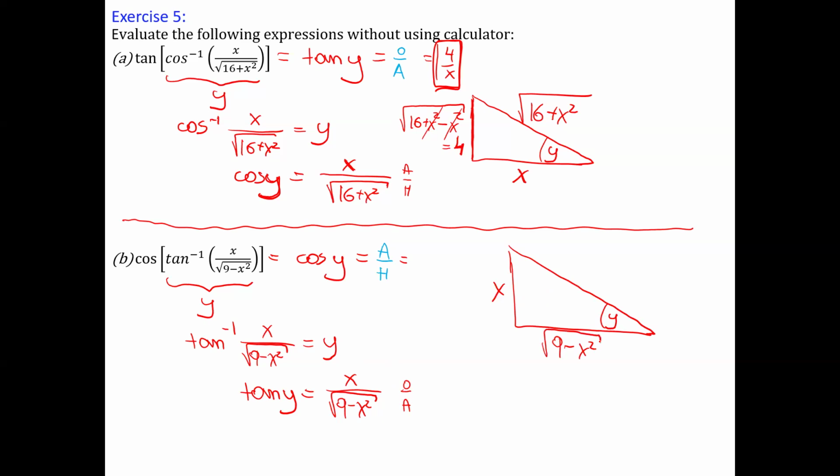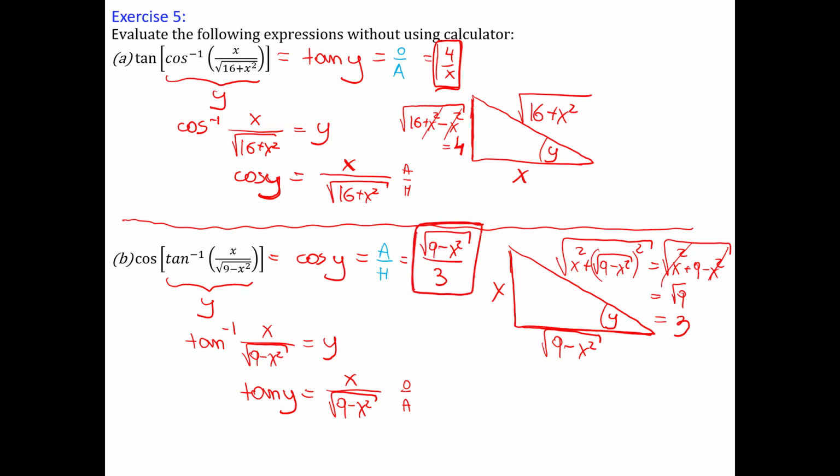If this is A, this is B, we can easily calculate C, the hypotenuse, which is the square root of x squared plus 9 minus x squared. We can cancel out, and the square root of 9 is 3. We need cosine, which is adjacent, the square root of 9 minus x squared, divided by 3. This is the final answer.